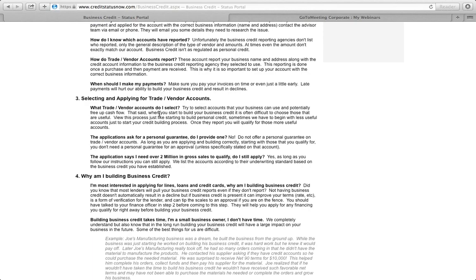So that's, of course, one of the more useful accounts, but we have to keep in mind there has to be something on the business credit report in order to get approved with them. So it's important to understand that each business credit account is going to have a different underwriting standard, and we want to be cautious that we select them in the correct order.